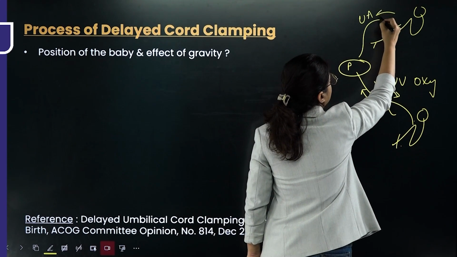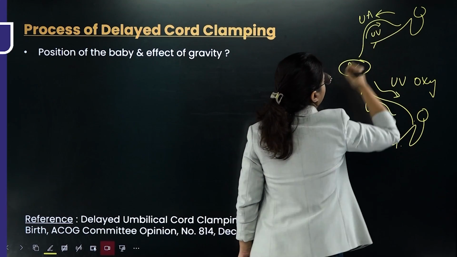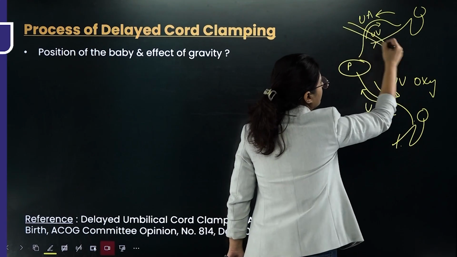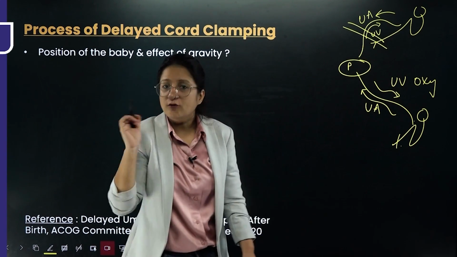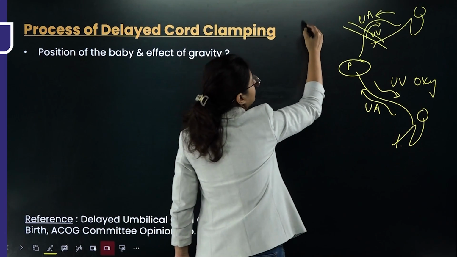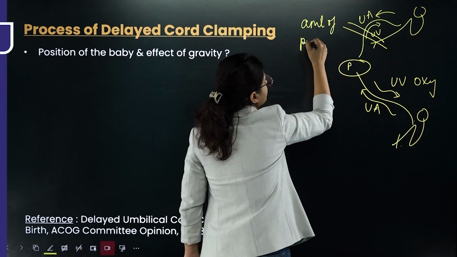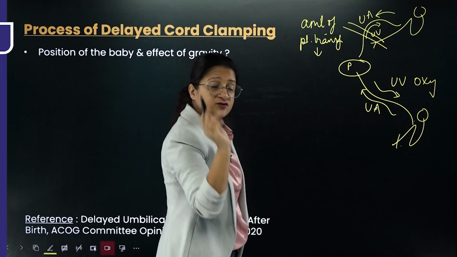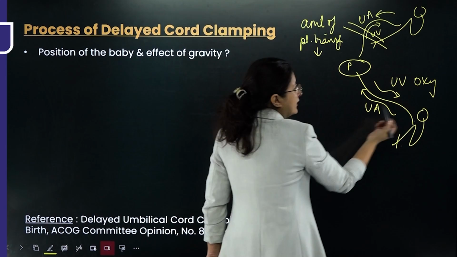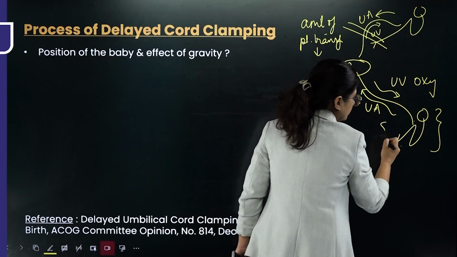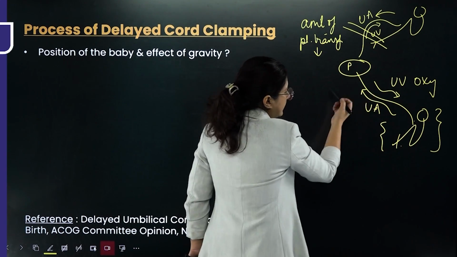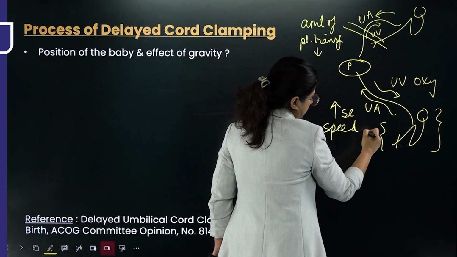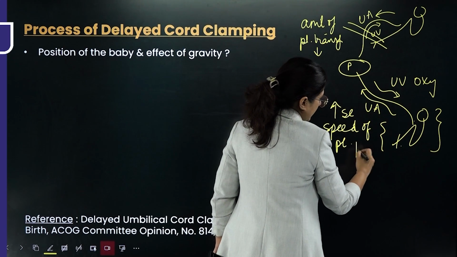With the umbilical artery and umbilical vein, if the baby is at a higher level, the amount of placental transfusion would be decreased, isn't it? Because of the effect of gravity. And then, if you have the baby put at a lower level, then this would increase the speed of placental transfusion to the baby.